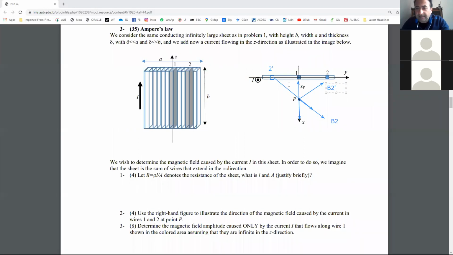Here is the magnetic field Bx of 2 prime, caused by 2 prime, and here Bx caused by 2.